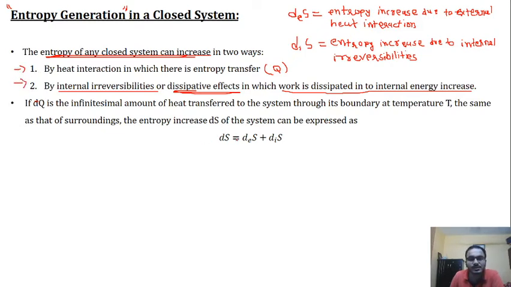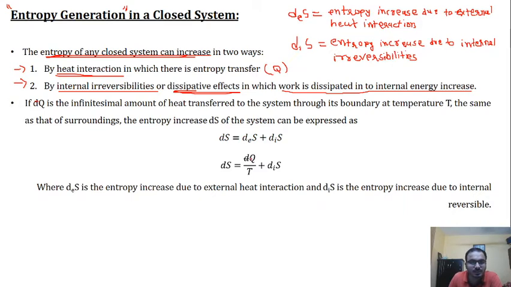1 and 2, that is total entropy increase is equal to the entropy increase due to external heat interaction plus entropy increase due to internal irreversibilities. Now here, as the first one is due to the heat interaction part, we can simply put des is equal to d cut Q upon T, that is our standard formula.